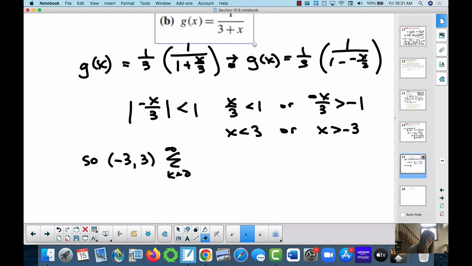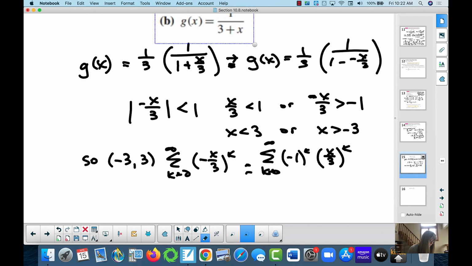by the series x to the k, but I'm replacing x with negative x over 3. So negative x over 3 to the k, which is the same thing as negative 1 to the k, and then x over 3 to the k. Sorry, I left off the 1/3. Because of this 1/3 right here, that needs to be in front of our series. We're multiplying 1/3 by that series.